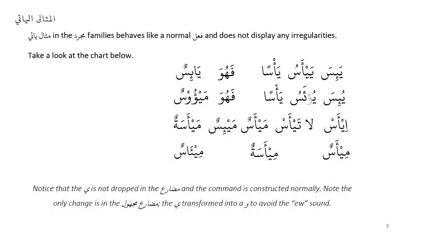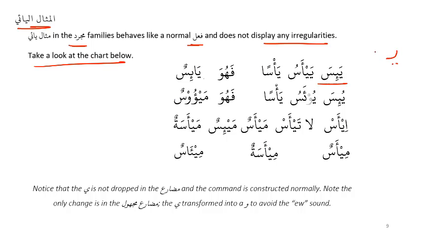Okay, next we have mithal yai. So mithal yai, with salim mujarrad, behaves like a normal fi'l and does not display any irregularities. Take a look at this chart. Ya'isa, ya'asu, ya'san. Ya'isa, what are the root letters here?